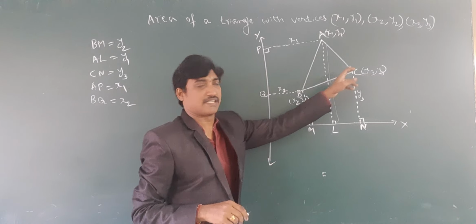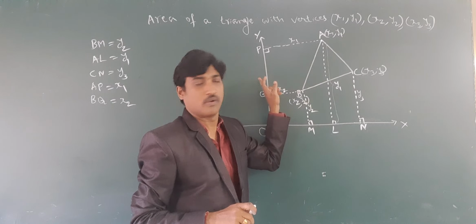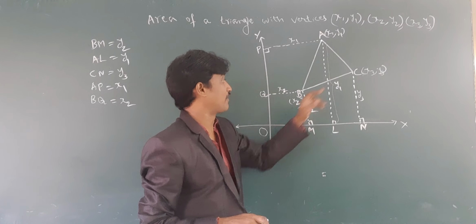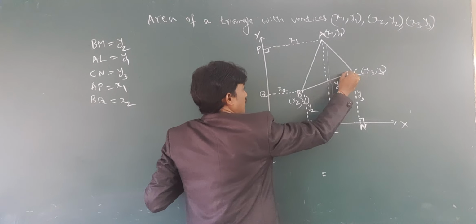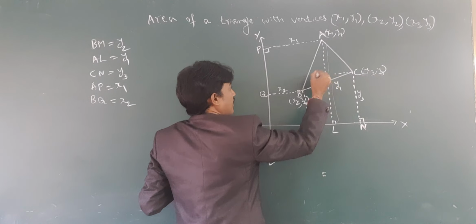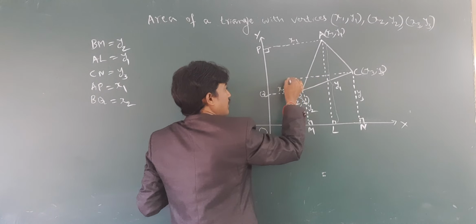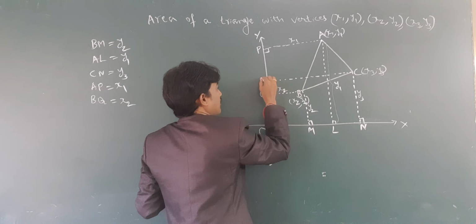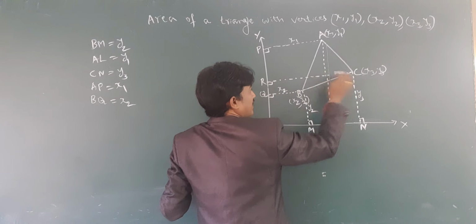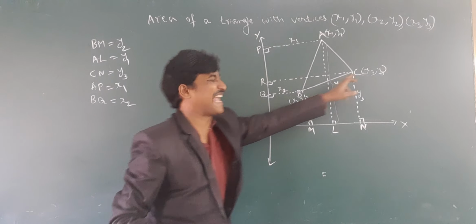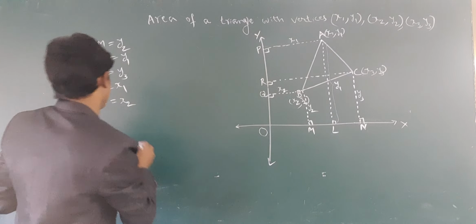Similarly, the distance from C to the y-axis is x3, so CR is x3.